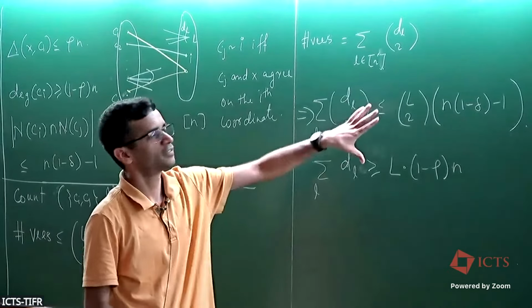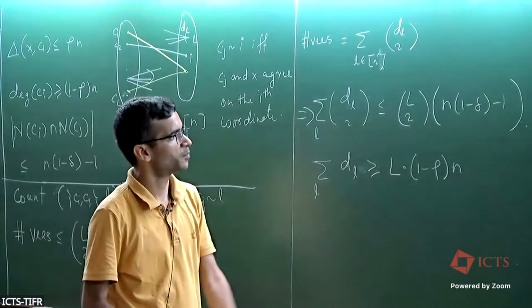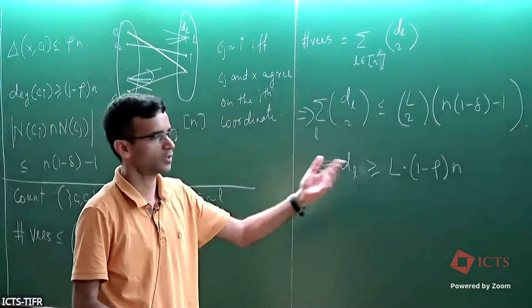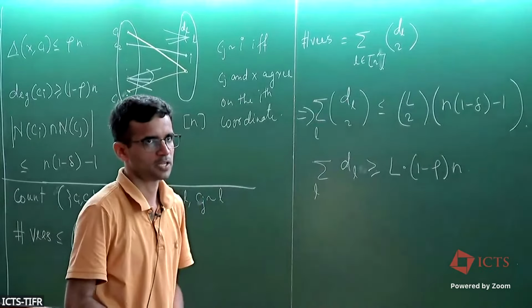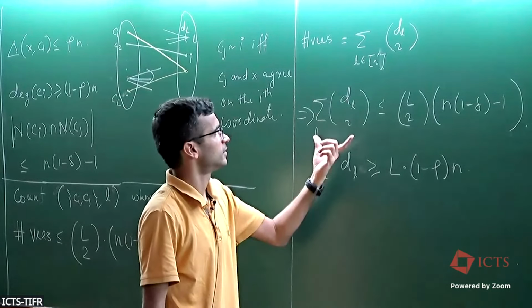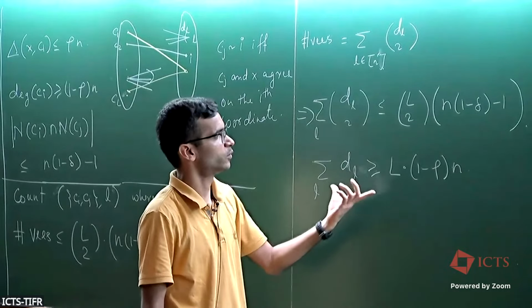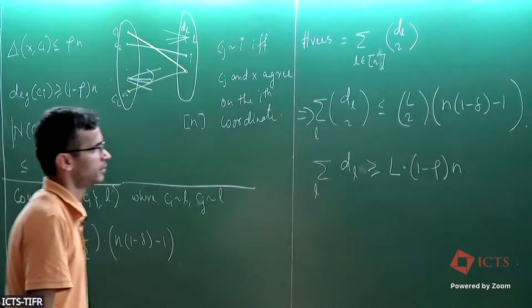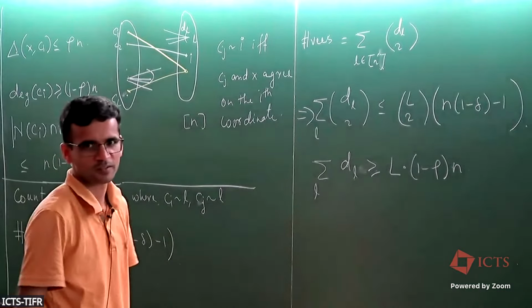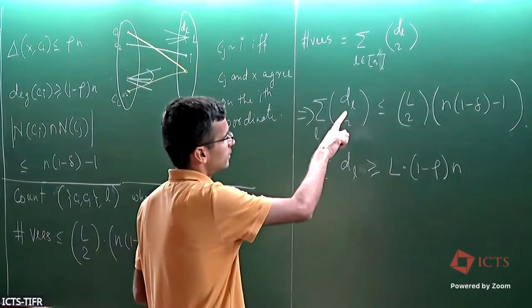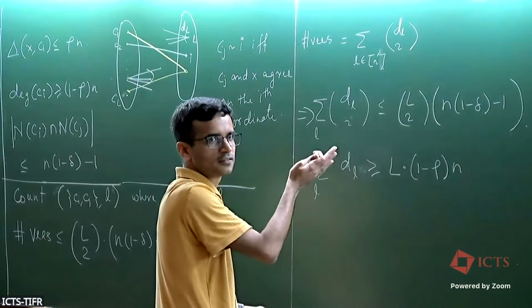Given these things, if we simplify carefully, we are going to get our bound on L. Let me do one step of it, the one clever step, and then it's some calculations. When you see this and you see this, what do you think? Convexity, right? This function is convex.